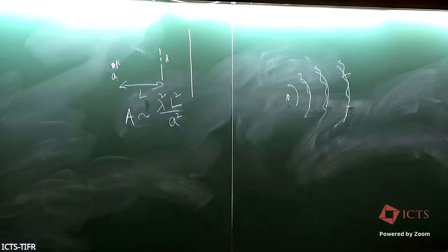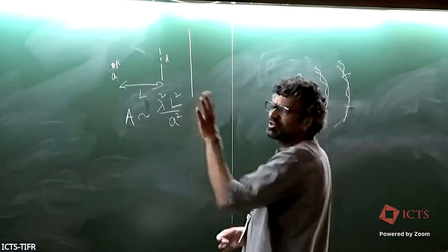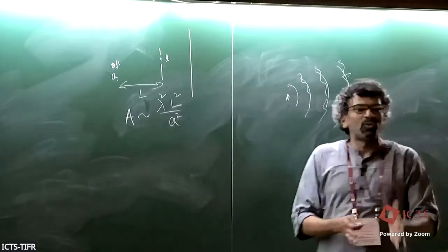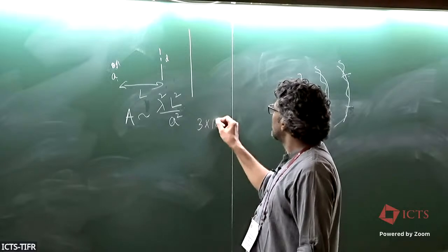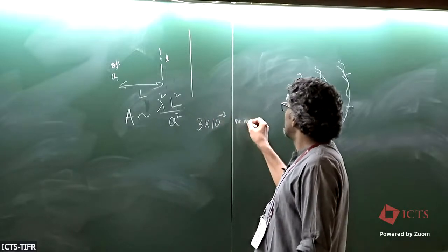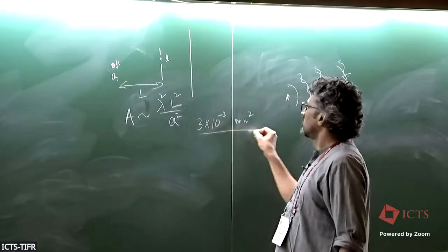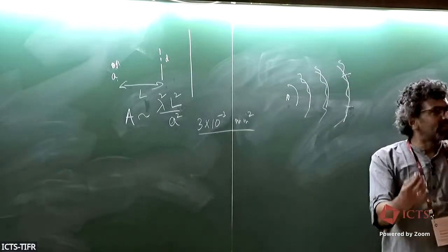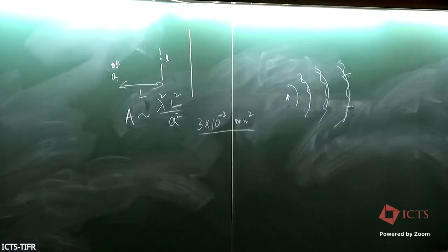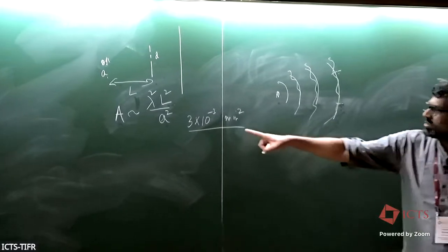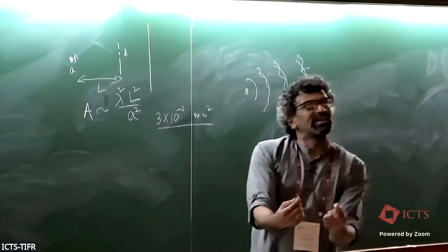So for the sun, if you calculate this for filtered light, using some small range of lambda in optical, this number will come out to be some 3 into 10 power minus 3 millimeter square or so. So to understand how this waveform is correlated spatially, you need to sample it over a very small area. That's it.